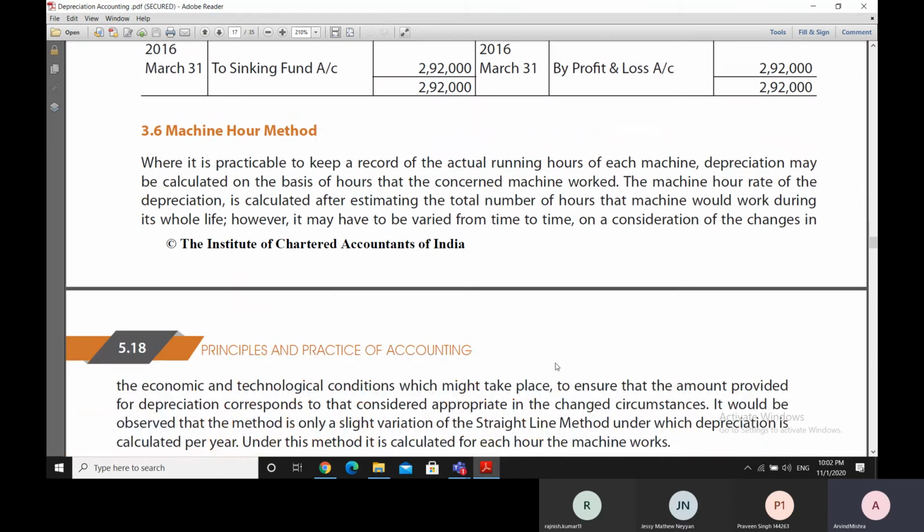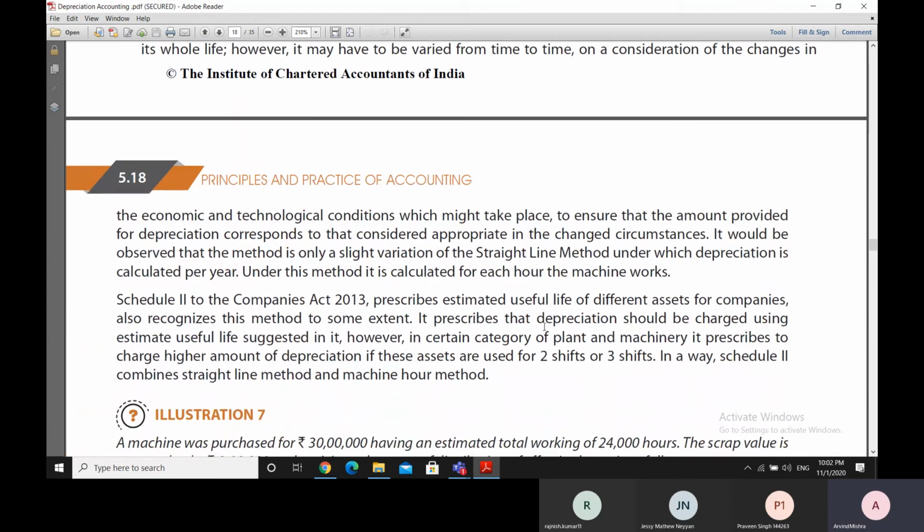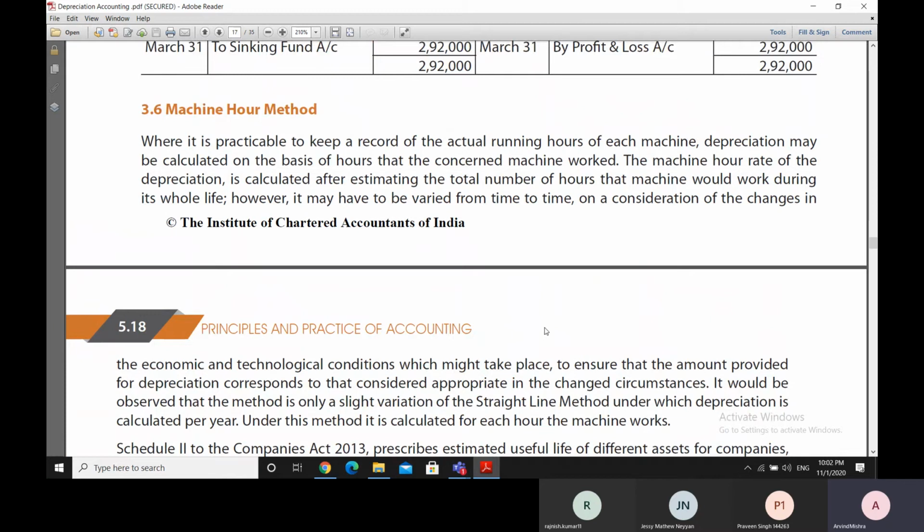Now we come to the next method of depreciation, and that is called the machine hour method. Now in this machine hour method, whenever it is practicable to keep a record of the actual running hours that the machine is doing, the depreciation can be calculated on the basis of the hours that the machine has worked. Because whatever hours the machine works, that much more wear and tear the machine will undergo.